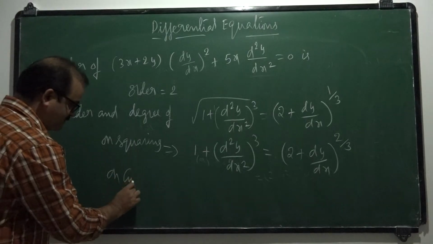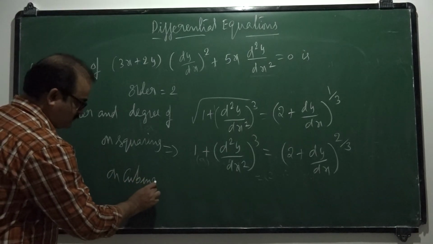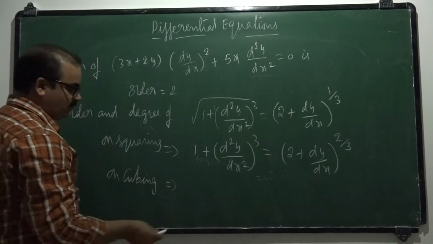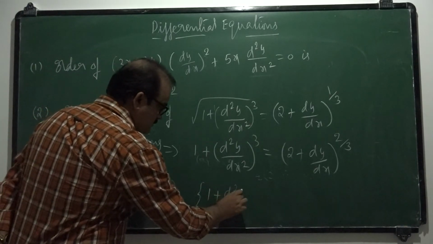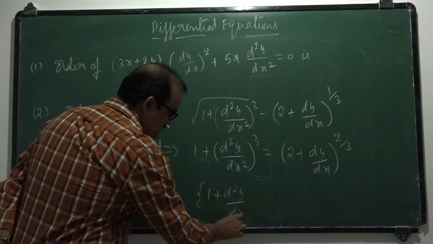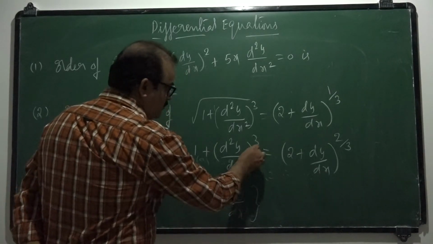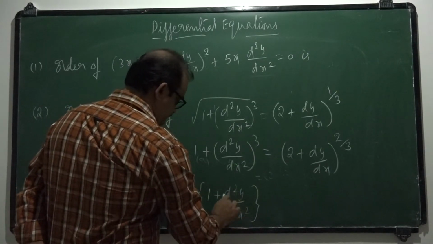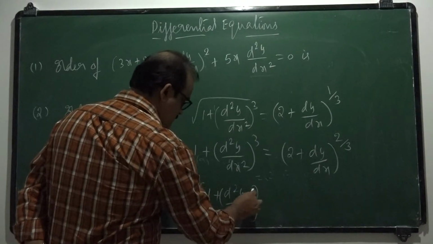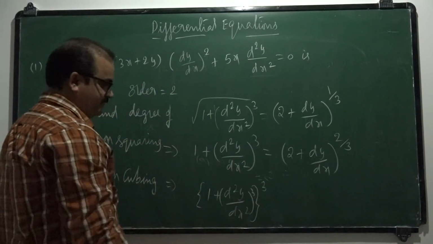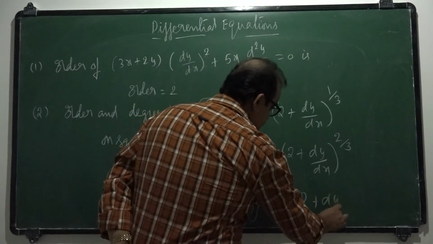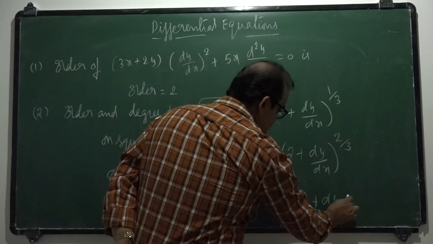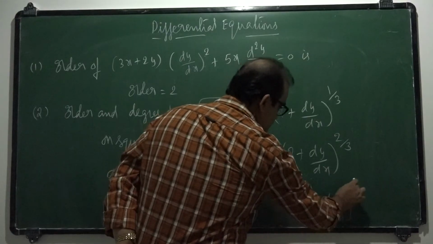On cubing both sides, LHS becomes 1 plus d square y by dx square whole cube, whole to the power of 3, is equal to 2 plus dy by dx whole square.